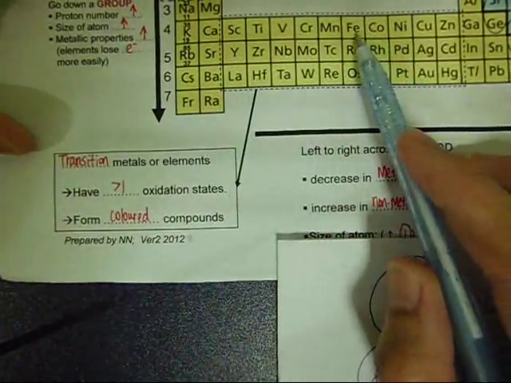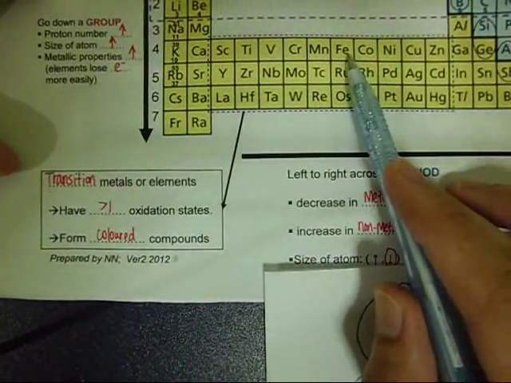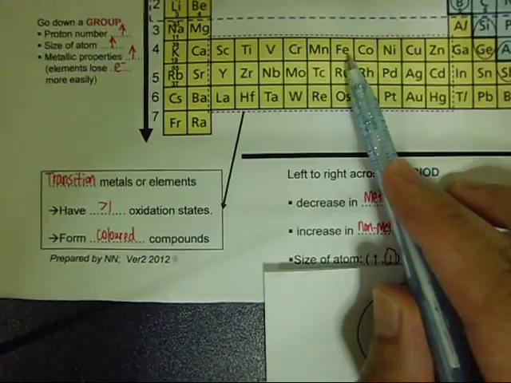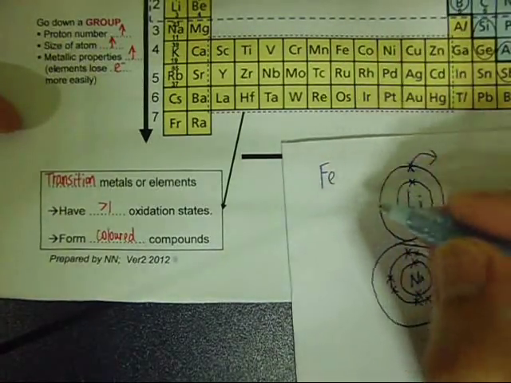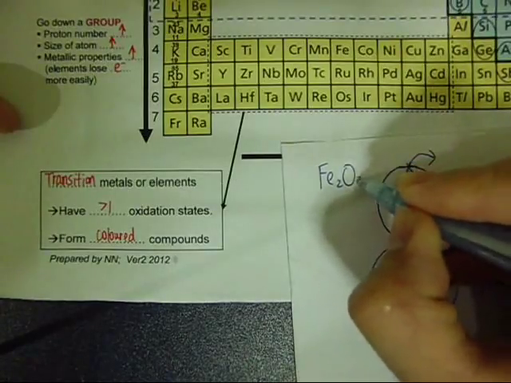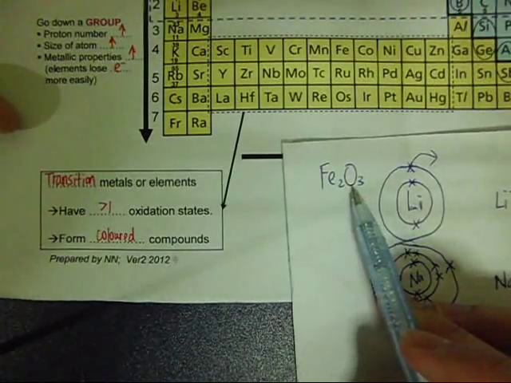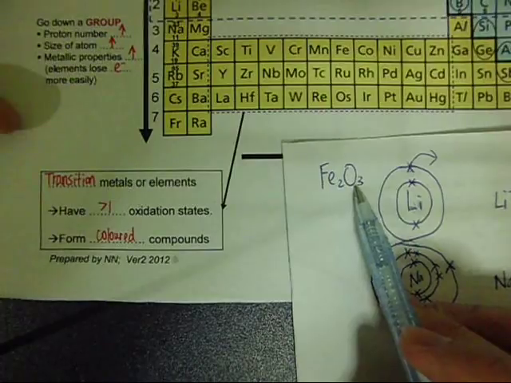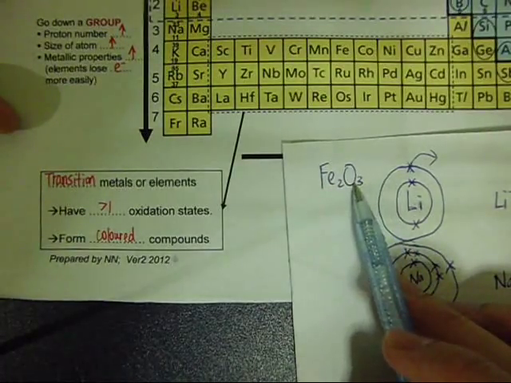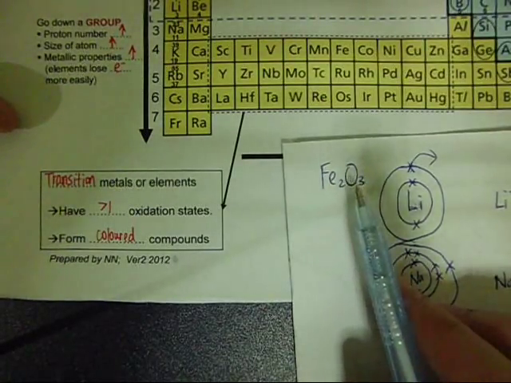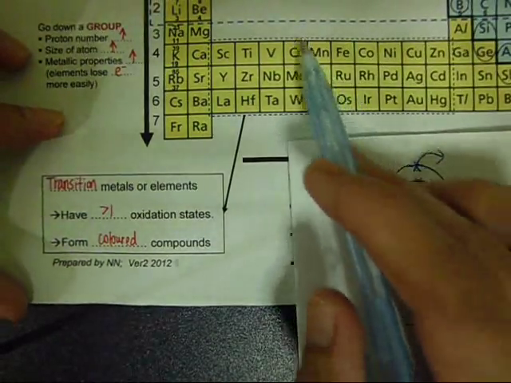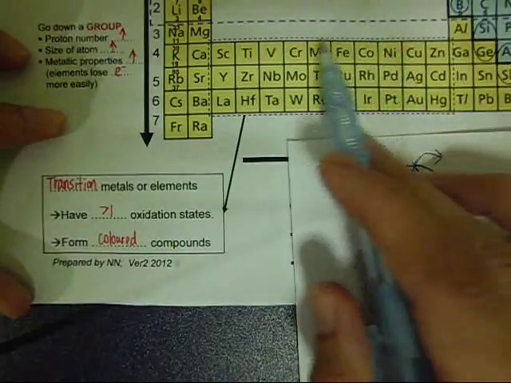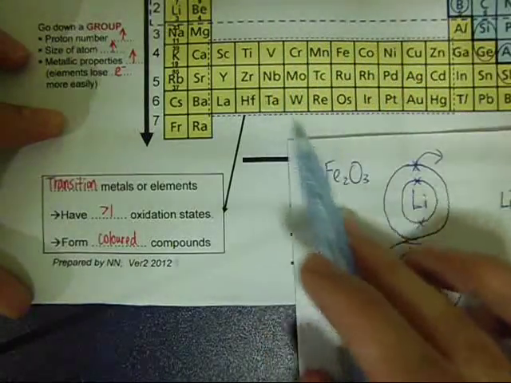For example, when iron, Fe, forms a compound such as iron oxide, it combines with other elements, and the compound has a color. That is called a colored compound. All the compounds formed by elements in the transition metals are colored.